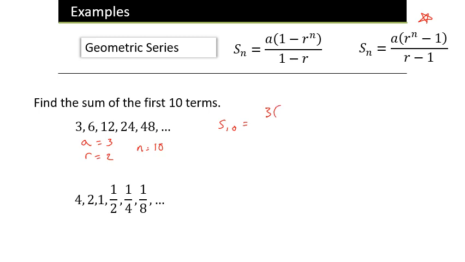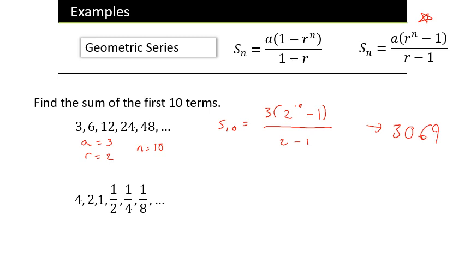So it will be 3 times (2^10 minus 1), all over 2 minus 1. I then just input that into my calculator, and when I do that, I get 3,069. So that's the sum of the first 10 terms.